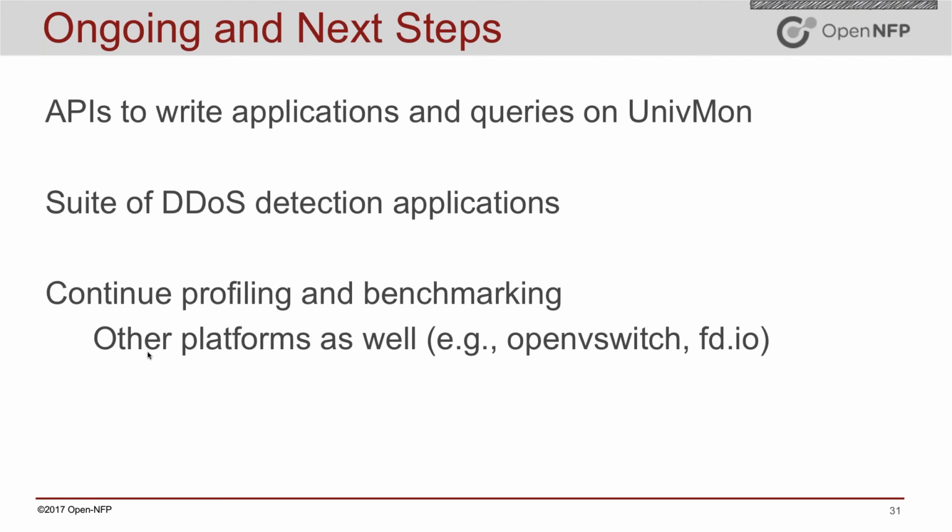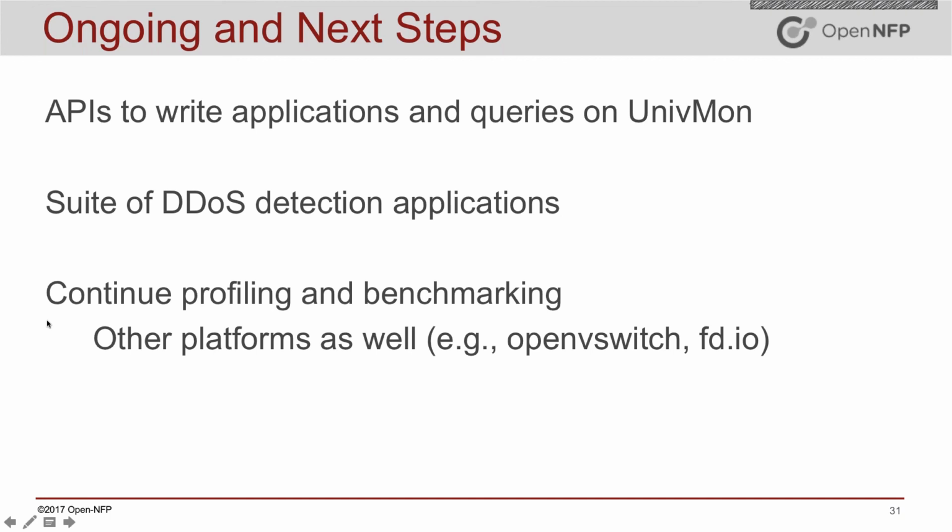Say, for example, you want to write a new monitoring application. How do we translate it into the capabilities that universal monitoring has? That still requires some effort and understanding of universal monitoring, and we want to abstract it away from the monitoring applications themselves.